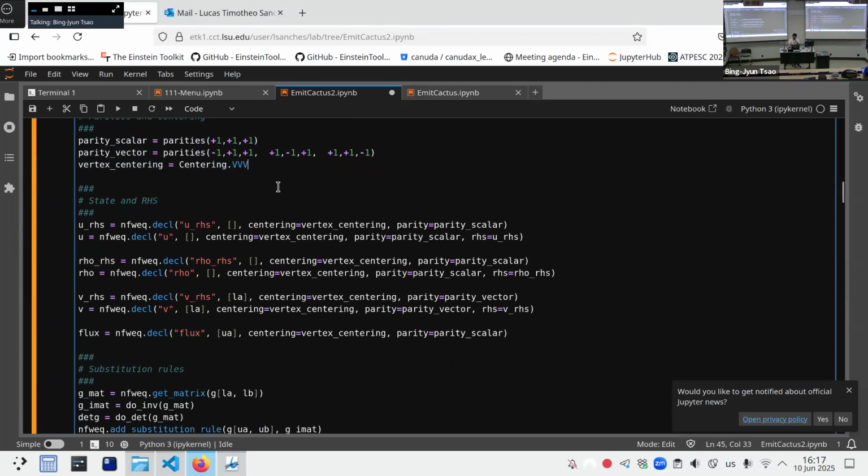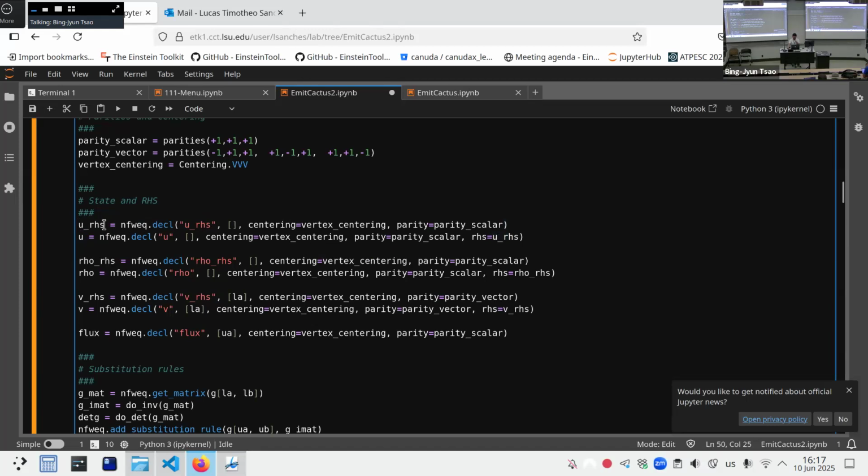Good. So after that, we define our state. So for every state variable, we're going to need a pairing right-hand side. And the way that this works in EmitCactus is we have right-hand sides as arguments of our state variables, meaning when you declare a variable, you should first declare its right-hand side, like we're doing here, right?